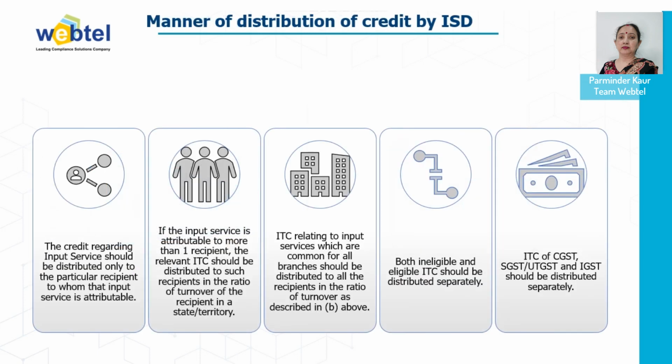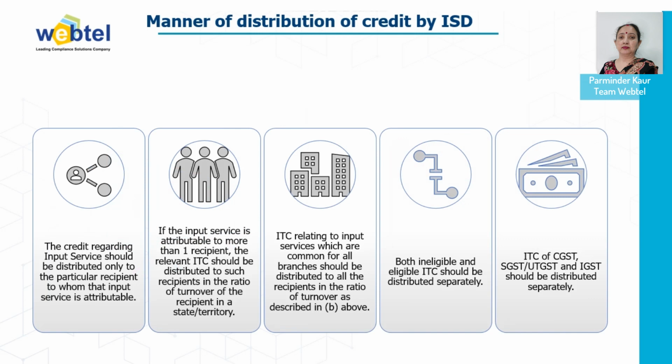Now, what is the manner of distribution of credit by the Input Service Distributor? The credit is to be distributed through the prescribed document. Total credit distribution shall not exceed credit available. Credit attributable to a recipient shall be distributed only to that recipient. Credit attributable to more than one recipient shall be distributed among such recipients on a pro rata basis of turnover in a state during the relevant period.